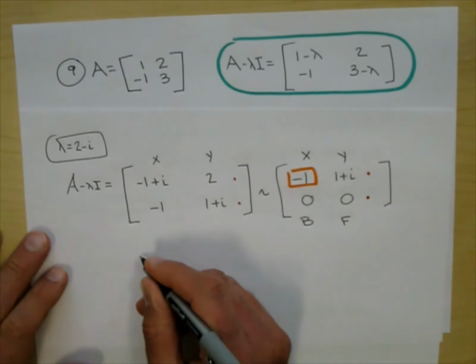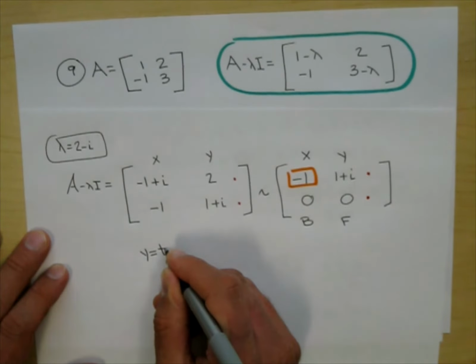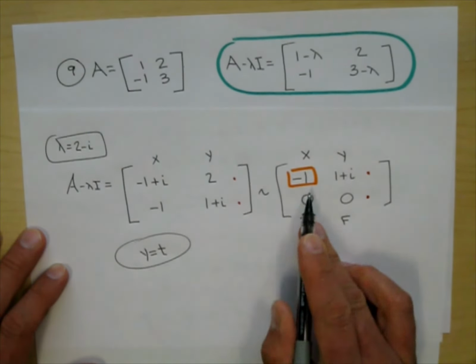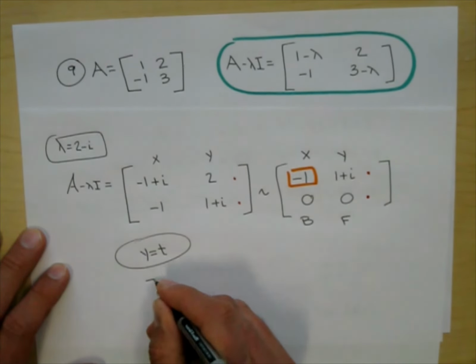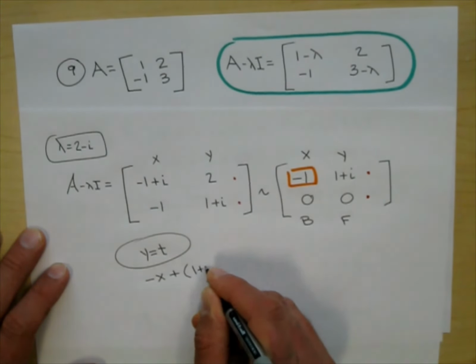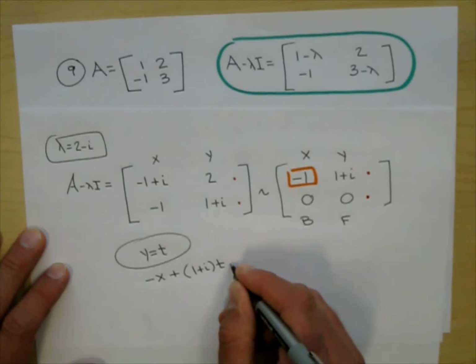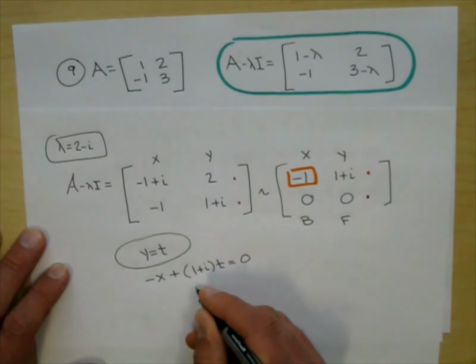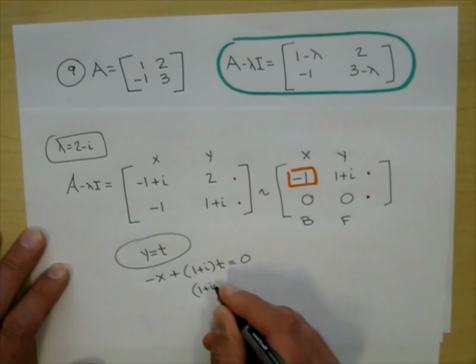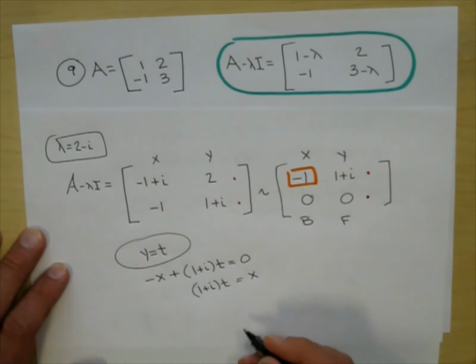We'll let Y equal t. First equation says negative X plus 1 plus i times Y, which is t, equals 0. 1 plus i times t equals X, which now we have what X is.